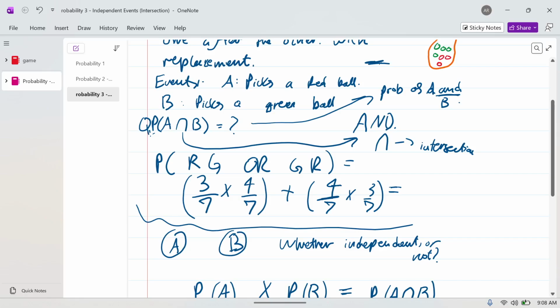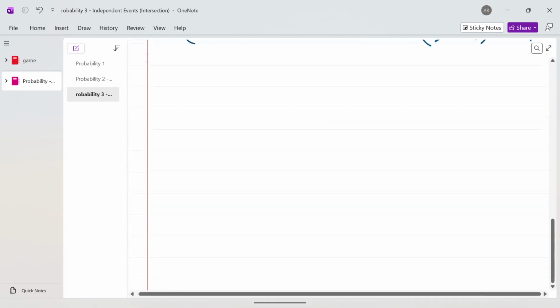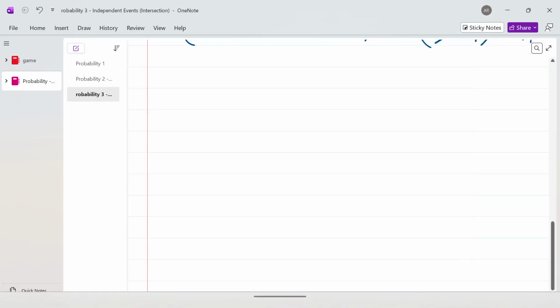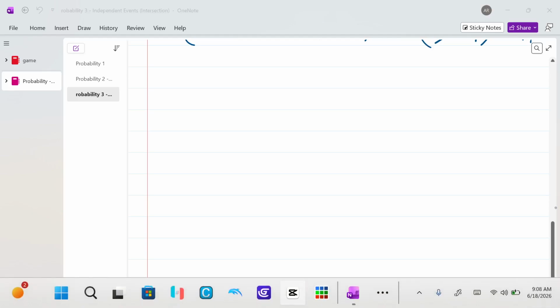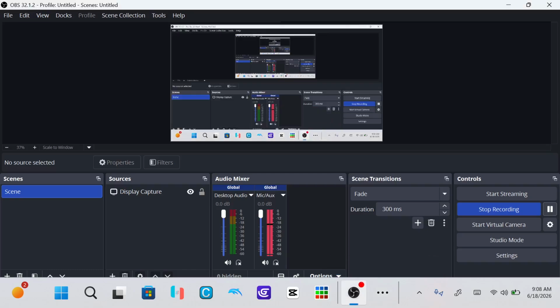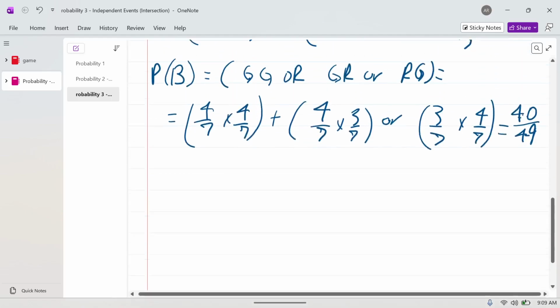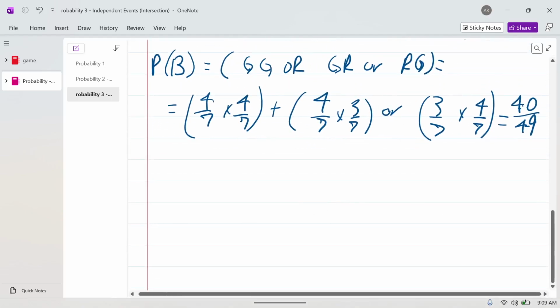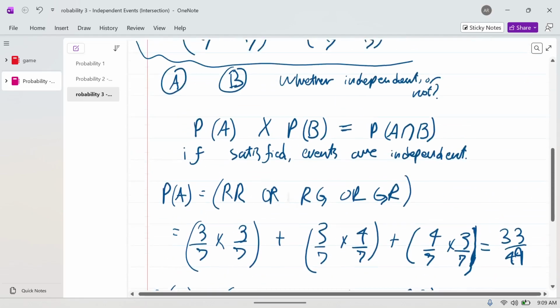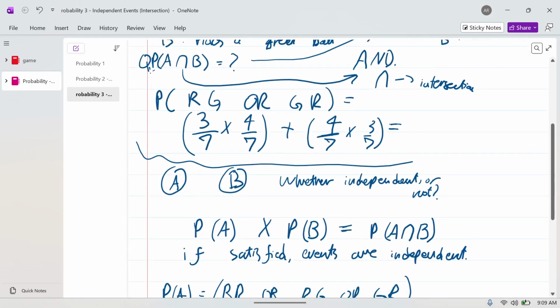So 3 over 7 times 4 over 7, and everything multiplied by 2. The answer for this is 24 over 49.